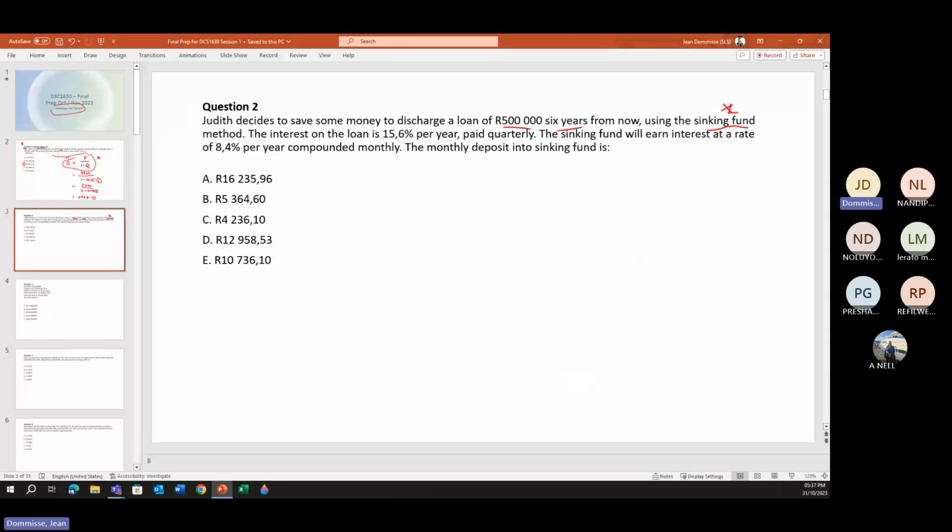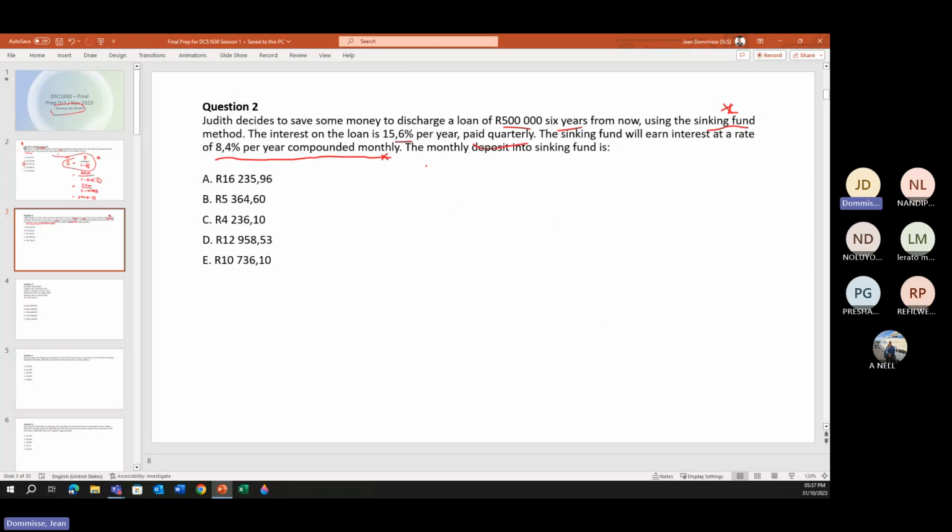The interest on the loan is 15.6% per year, paid quarterly. Okay, so that is important. The sinking fund will earn interest at a rate of 8.4% per year compounded monthly. Then what we'll need to work out is the monthly payment into the sinking fund.